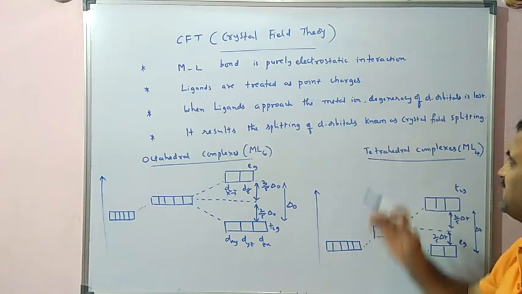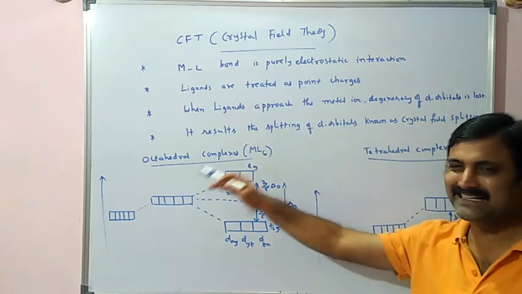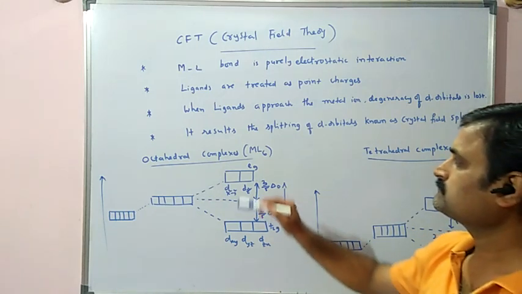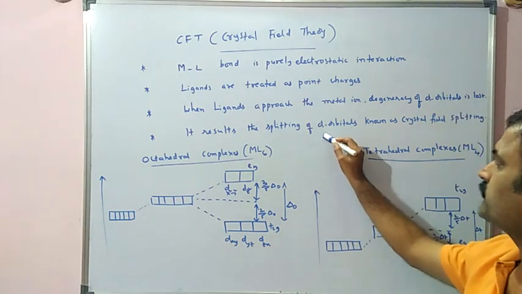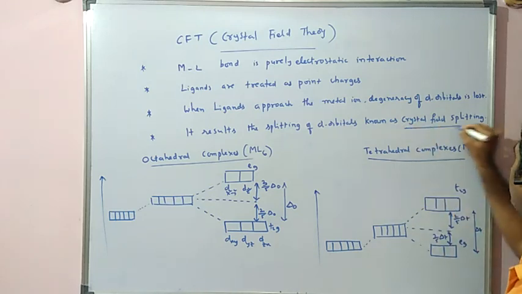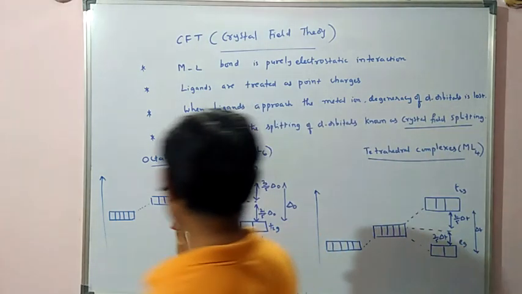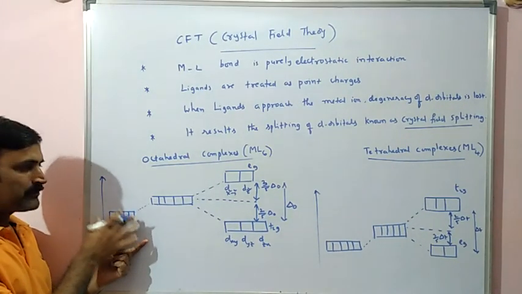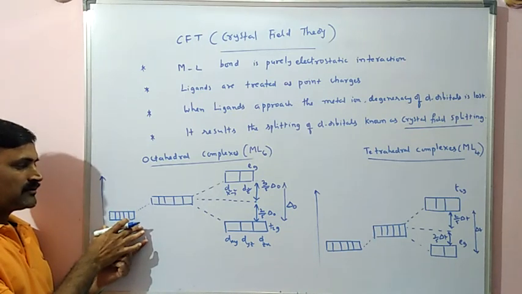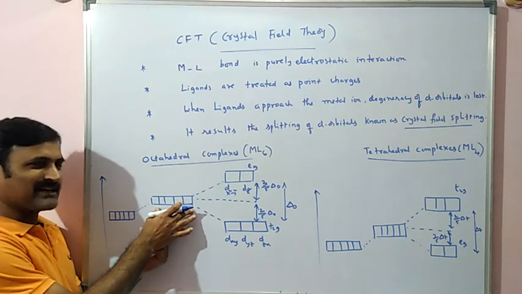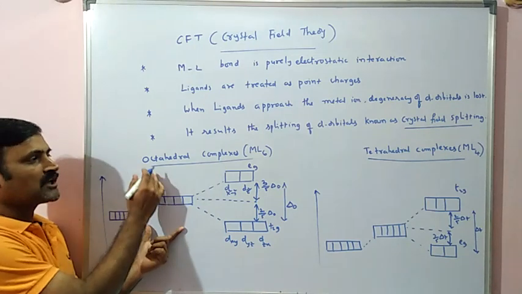What will happen is the degeneracy of the d-orbitals present in the metal will get disturbed. That gives the splitting of d-orbitals phenomenon called crystal field splitting. So, in the neutral state of the d-orbitals of metals, the degeneracy is maintained; the average energy of the d-orbitals will get a little bit raised when the ligands are approaching the metal.